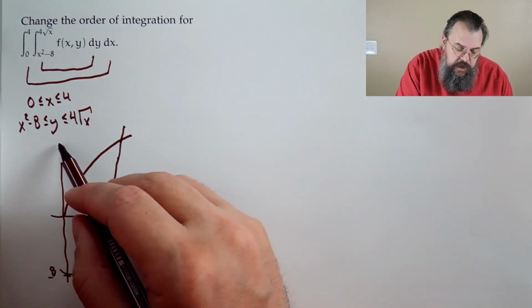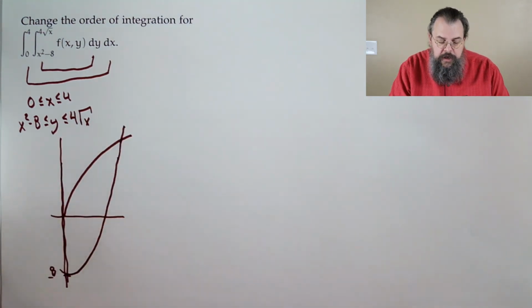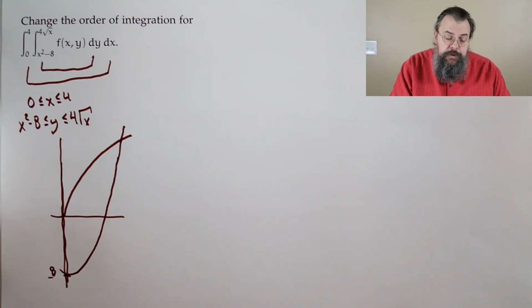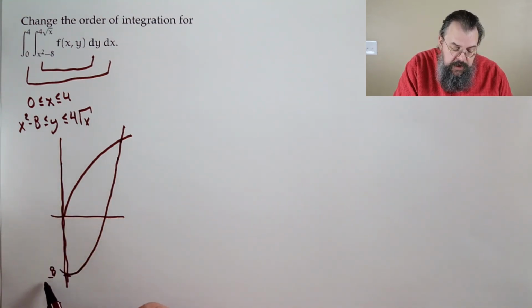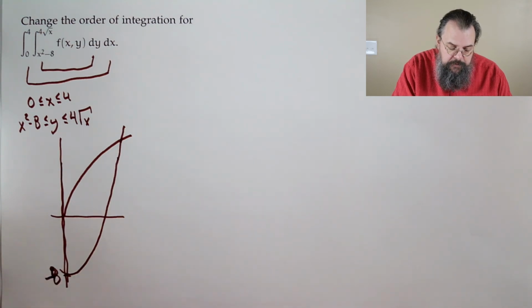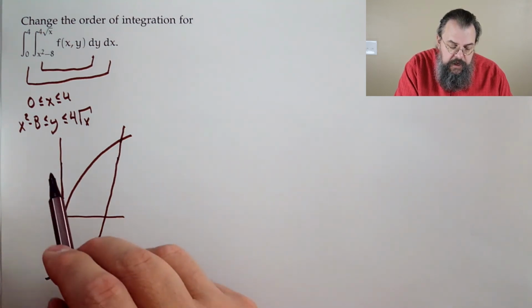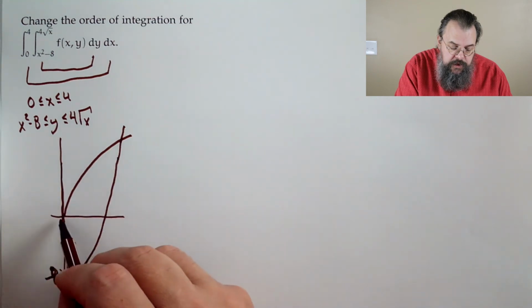Now, the question, okay, where are these things intersecting? One thing that's helpful is to think about what's happening at the end, so at 0. So notice at 0, we're going from negative 8, which is down here. Let's make that negative 8 more clear. And here, 0.